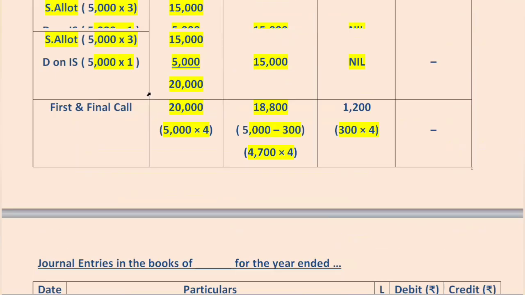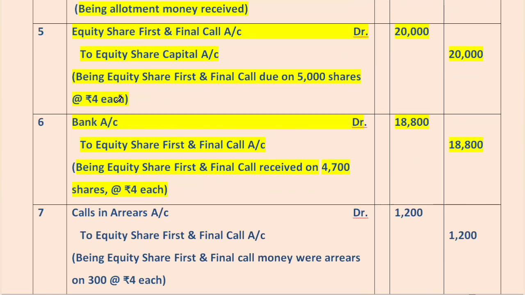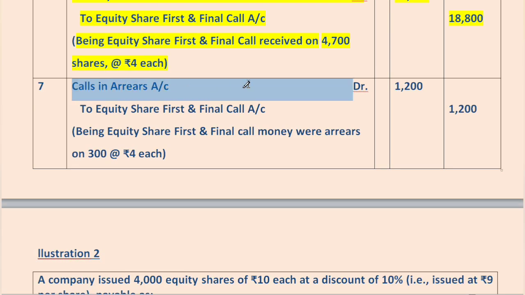Next, last entry for calls in arrears. Calls in arrears account debit 1,200 to equity share first and final call account, same amount 1,200, right?